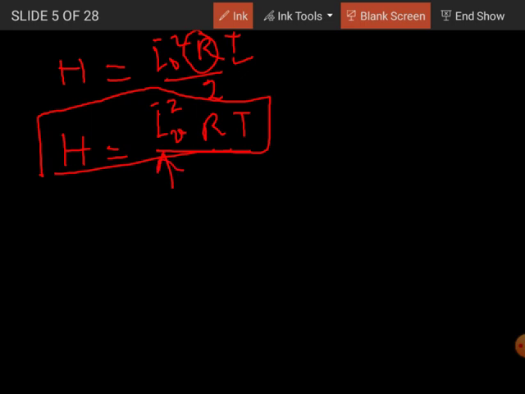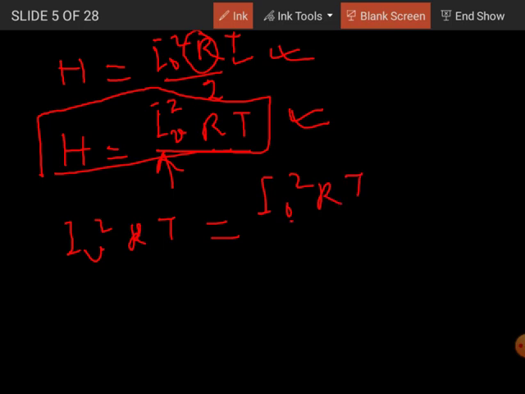As per definition, the heat produced from the steady current and the heat produced from the AC source are the same. So if we equate these two, IV square RT will be equal to I naught square RT divided by 2.